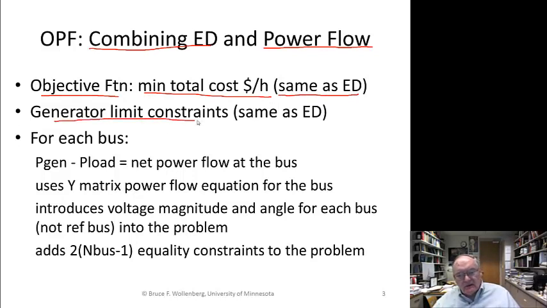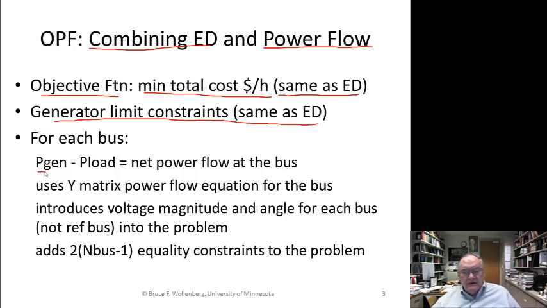Generator limits, same as in economic dispatch. There's no difference there. However, for each bus, now you notice that we don't start talking about the total load and the total losses and the sum of the generation. We're not going there anymore. We're going to go down and immediately go to the power flow.